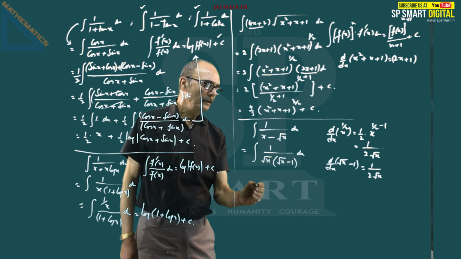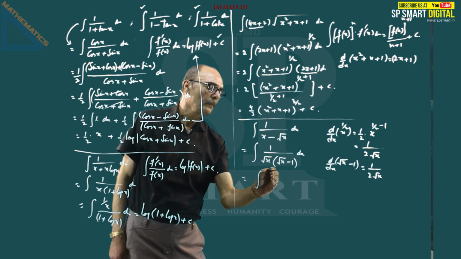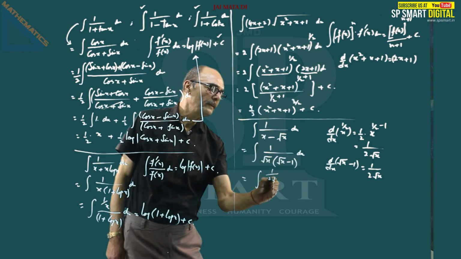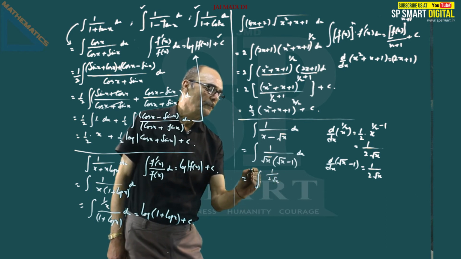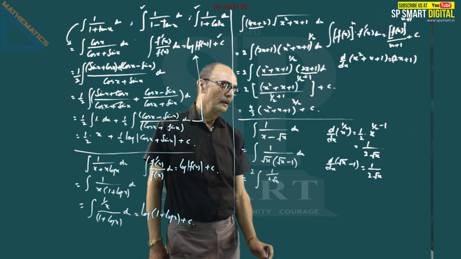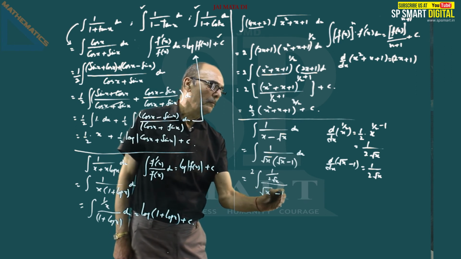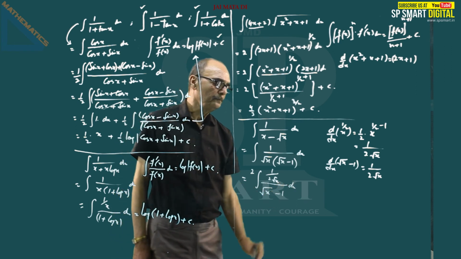So, I create here integral 1 upon 2 root x, of course multiplied by 2, this 2 and 2 will get cancelled, upon root x minus 1 d of x.